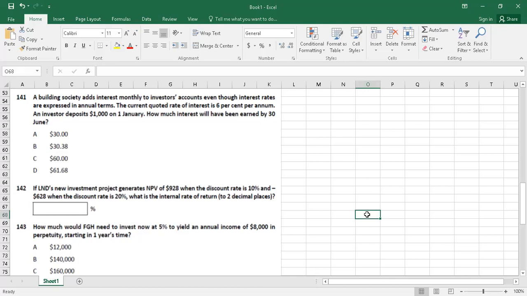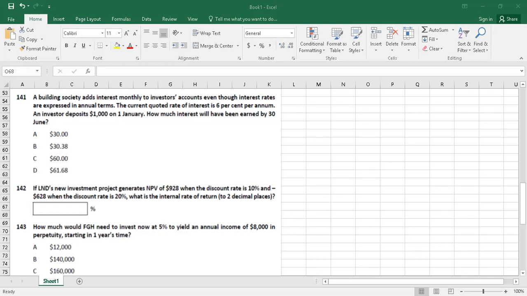A building society adds interest monthly to investors' accounts, even though interest rates are expressed in annual terms. The current quoted rate of interest is 6% per annum. The investor deposits 1,000. How much interest will have been earned by 30th? So on 1,000 interest will be calculated.